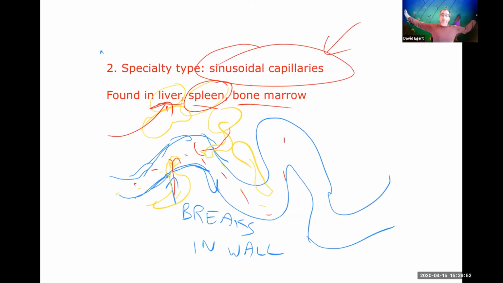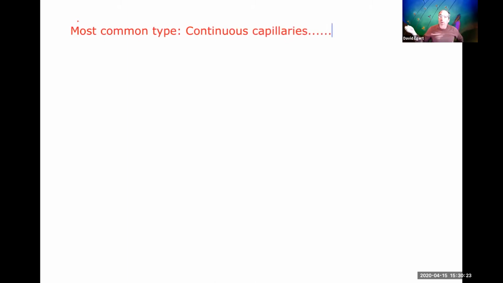All right, so that brings us to the most common kind of capillary. They're called continuous capillaries. These are the ones you normally think of, taking the blood in, delivering the oxygen and the nutrients, picking up the CO2 and going back to the heart for more.